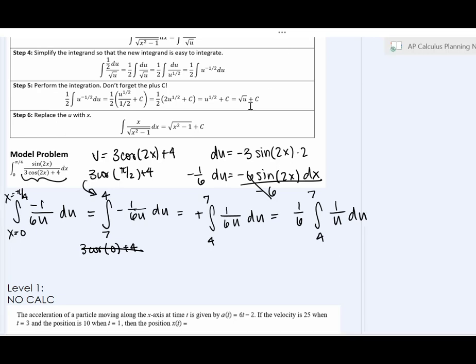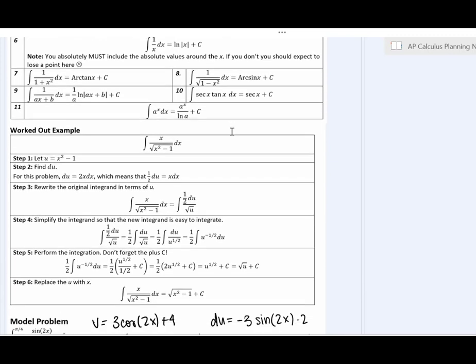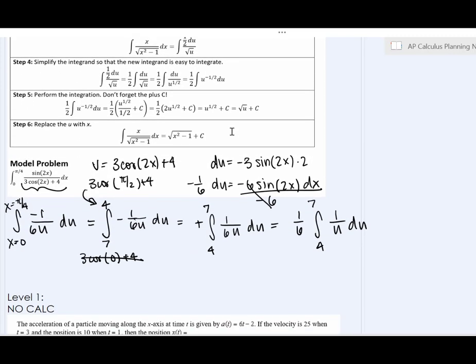We can go back and look at our rules. The integral of 1/x is the natural log, and we have to use those absolute value signs. So we have 1/6 times the natural log of the absolute value of u, evaluated from 4 to 7. Put that in parentheses. At this point, we start substituting.